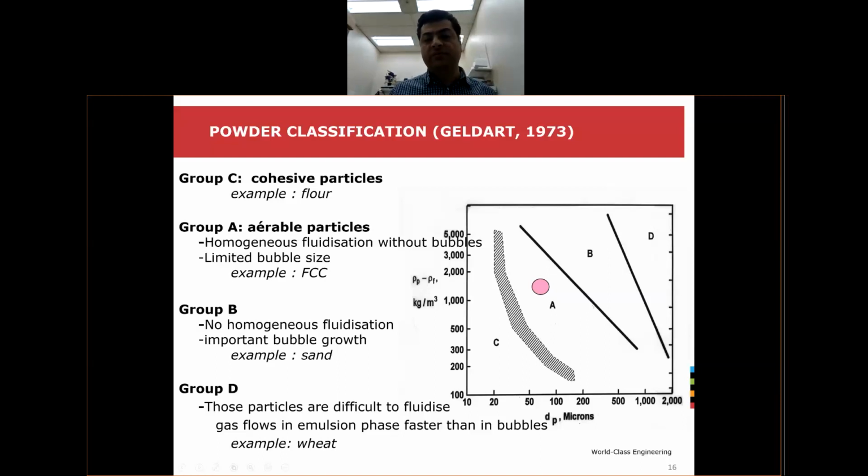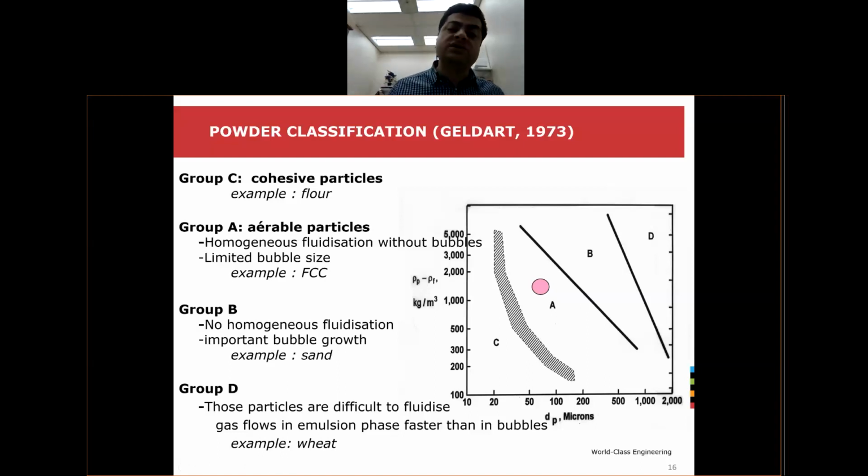And group A and group B are in between, as I said. So really by looking at this graph, by knowing density of the particles, density of the gas, and also the average size of the particles, you can identify which group your particles belong to.